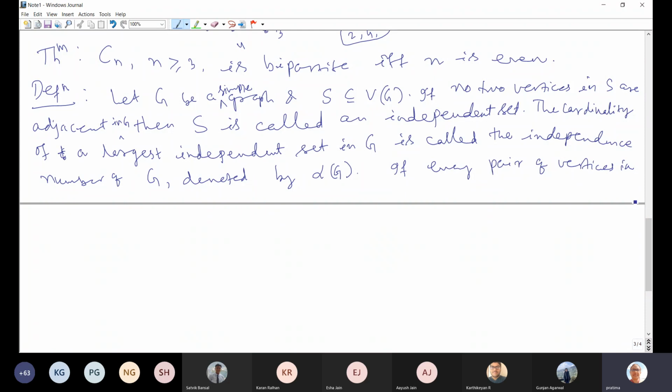If every pair of vertices in S are adjacent, then S is called a clique.